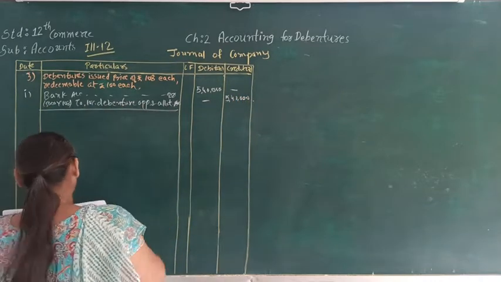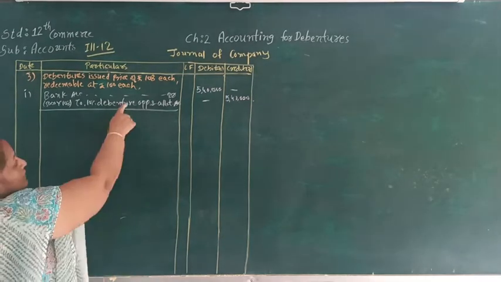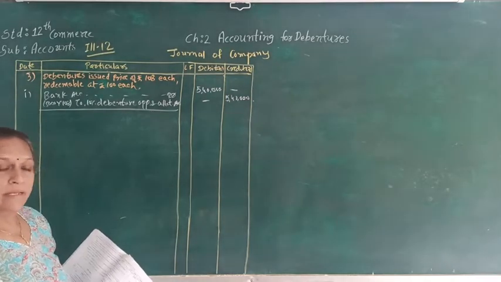The second journal entry is to transfer this application money to debenture account.